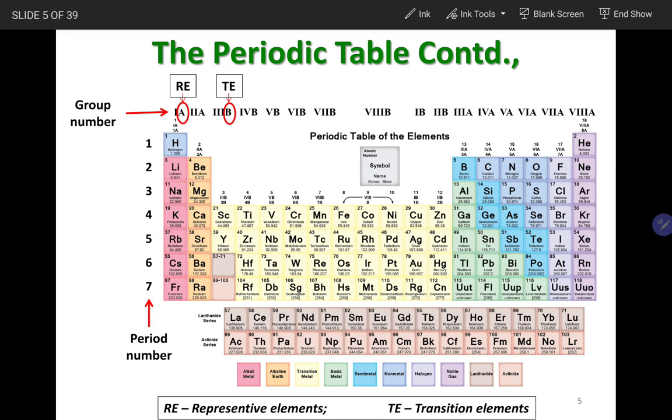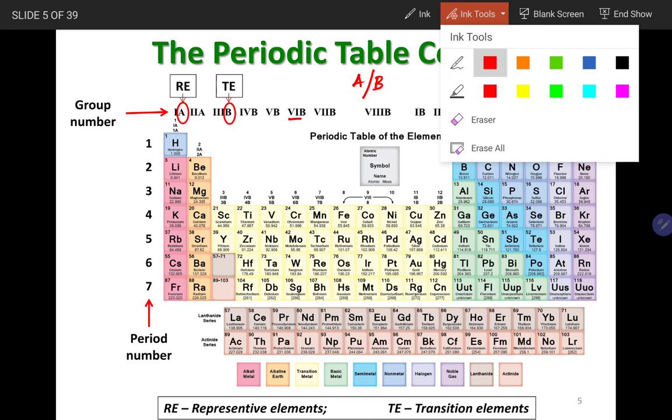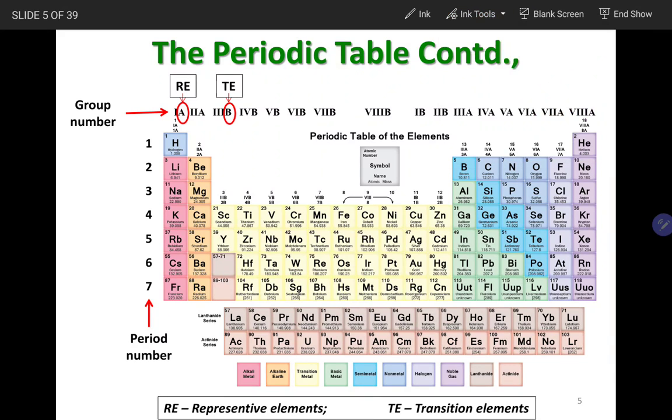This one is VI, that means it is 6. The Roman numeral is followed by either A or B. So in a group number you always have a Roman number followed by either the letter A or B. That is how you identify group numbers or vertical columns.